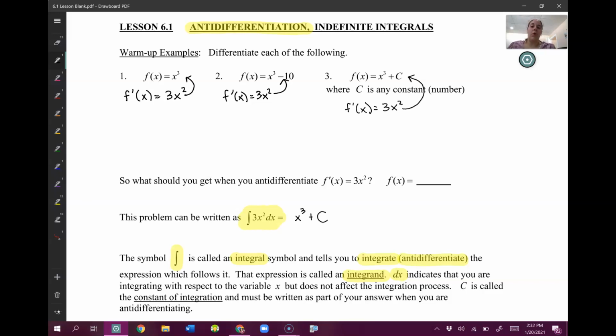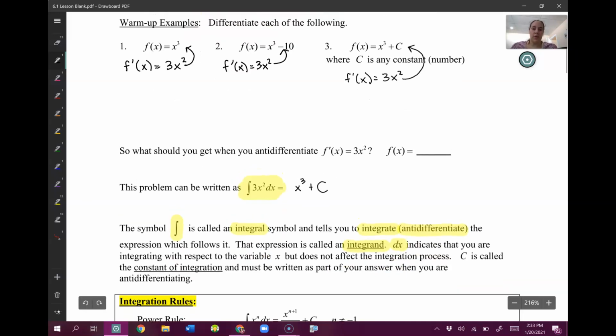Because like we saw with 1 and 2, we could have a number here that's just going to disappear when we take the derivative. So that plus c is kind of like a placeholder where it says there could be a constant here, any number. It could be 0, it could be negative pi, it could be 32/4, it could be lots of different things, but there is a possibility of a number.